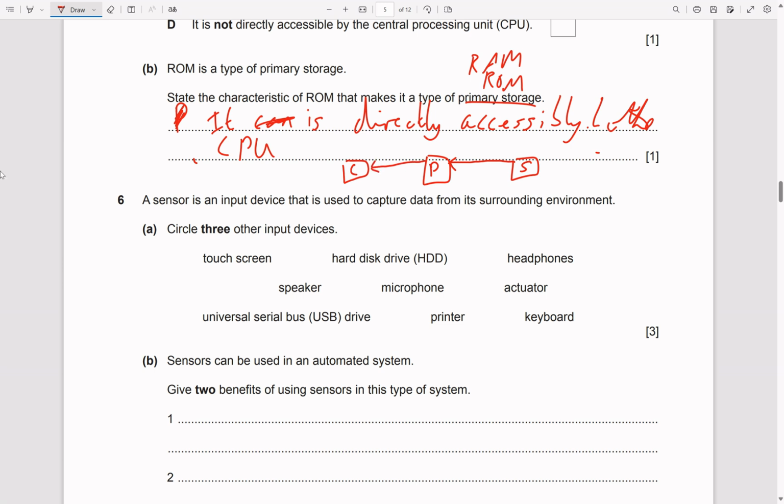That's what it's saying when we say primary memory or primary storage can be directly accessed by the CPU. Whereas secondary storage can't, because we have to go through the primary first. Likewise, if we're writing data, we would first write data to RAM, and then from the RAM it's going to go to the secondary storage.